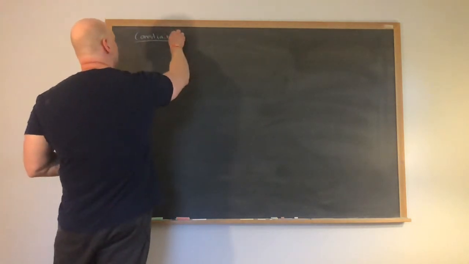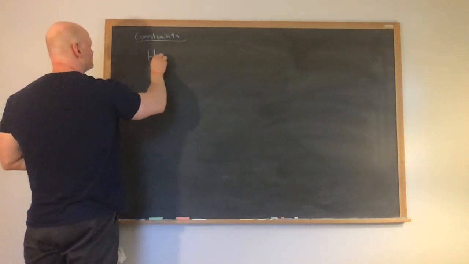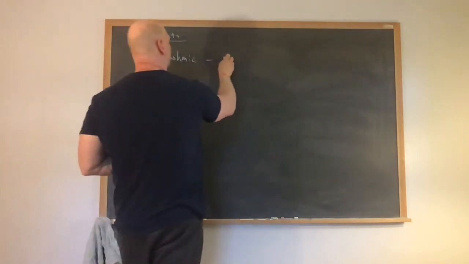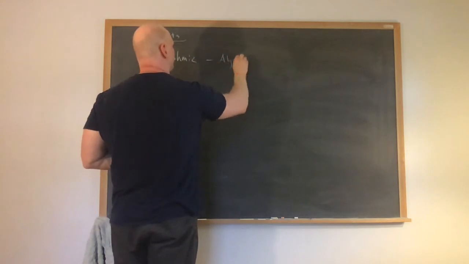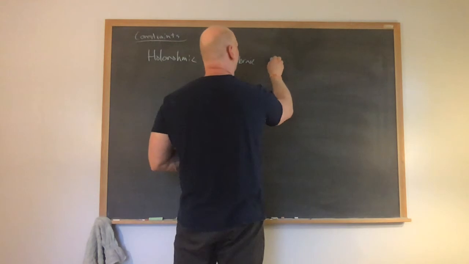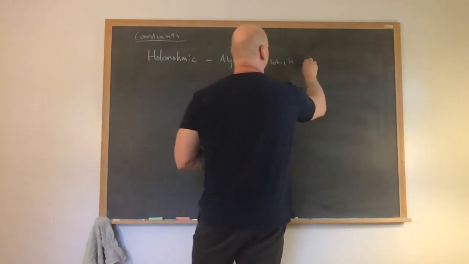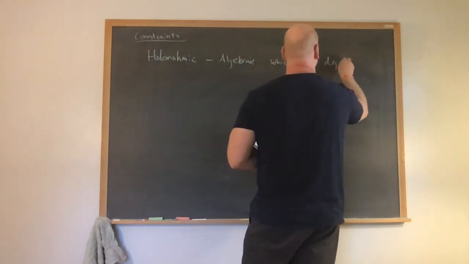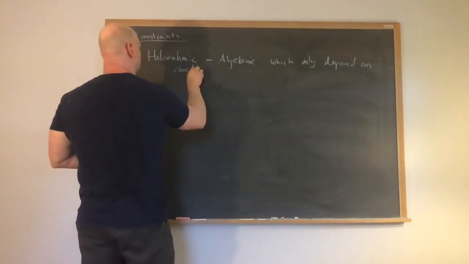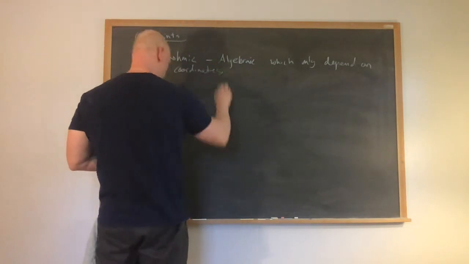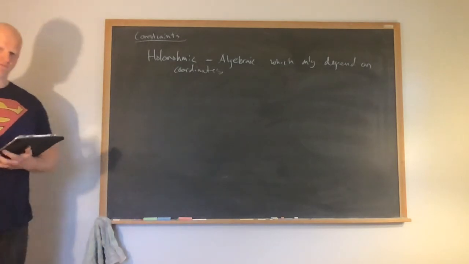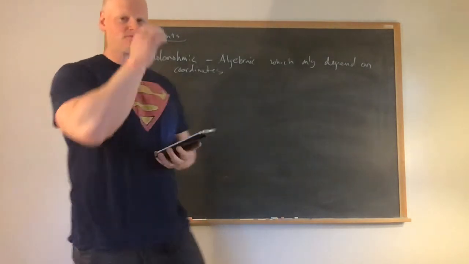It turns out that if we're dealing with what is known as a holonomic constraint, these are typically algebraic constraints which only depend on the coordinates.